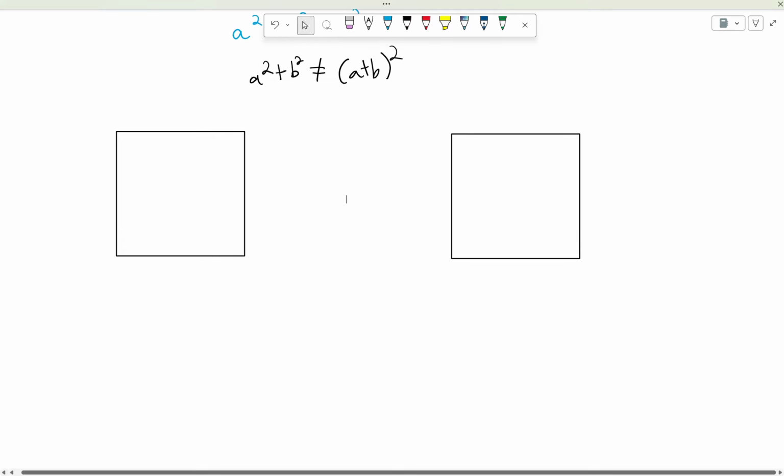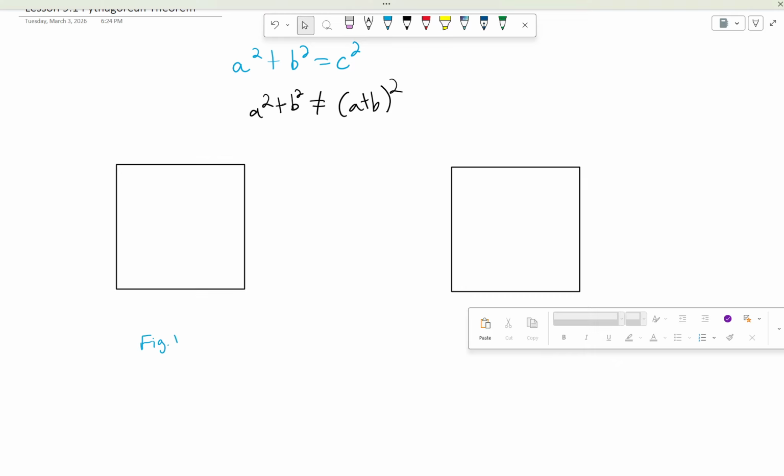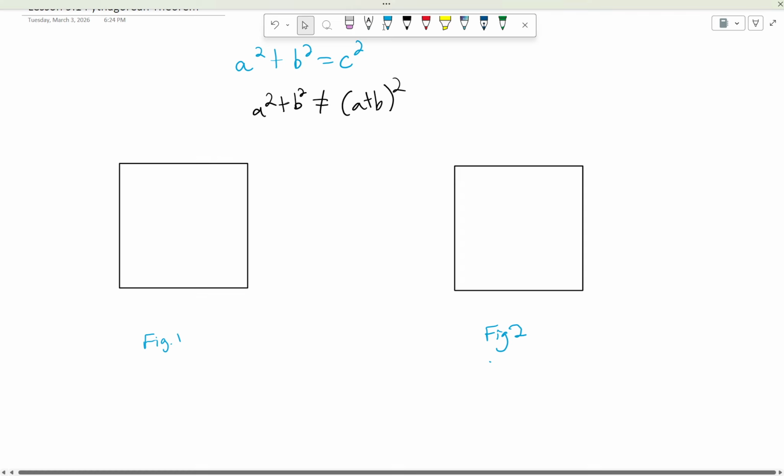Okay. So I'm going to subdivide, and I've got these two squares. I'm going to call this guy figure 1 because I'm going to subdivide it and kind of break it up. And this guy is going to be called figure 2. In subdividing this, I'm going to do it in the same way, where I'm going to just have some length that's going to be about a quarter of the square.